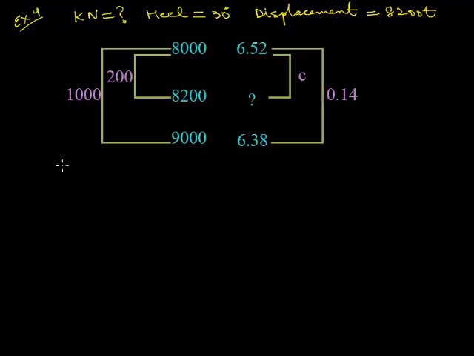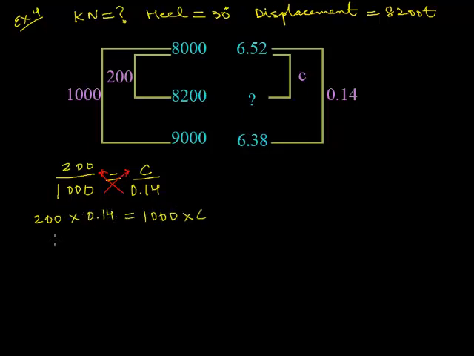Now using the interpolation method, the differences are proportional to each other, so 200 divided by 1000 equals C divided by 0.14. Cross multiplying, 200 times 0.14 equals 1000 times C, so 28 equals 1000 C, and C equals 28 divided by 1000, so C comes out to be 0.028.